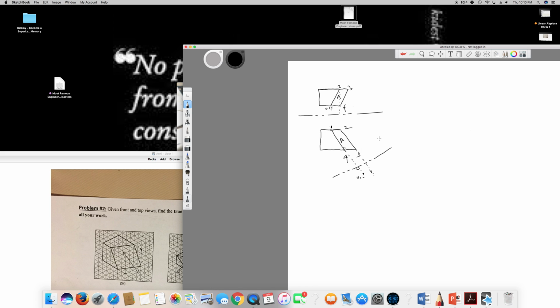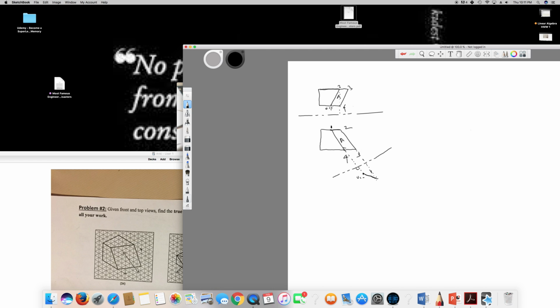Some students just measure this with the incline line. That's the wrong thing. We have to measure the distance vertically, along the phantom line. So if it's 2 centimeter, I have to measure the 2 centimeter from this phantom line straight and put it here. So it's going to be like that.